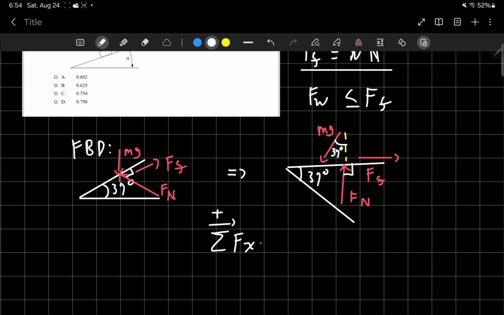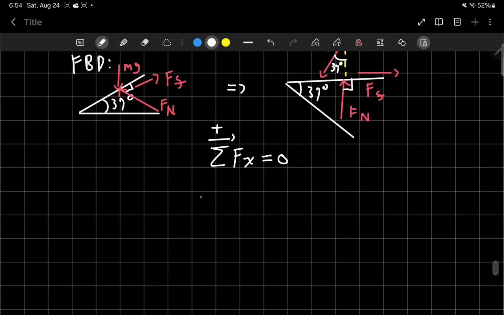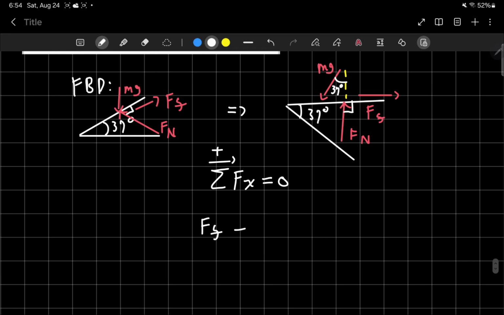And summation of forces in the x direction equals 0 because it's statics. So what we can do is start tallying up the forces. We have our friction force, positive direction, and our weight in the negative direction. mg sine 37 degrees equals 0.